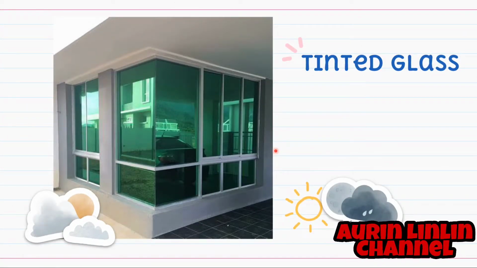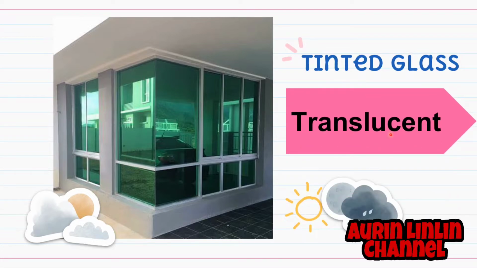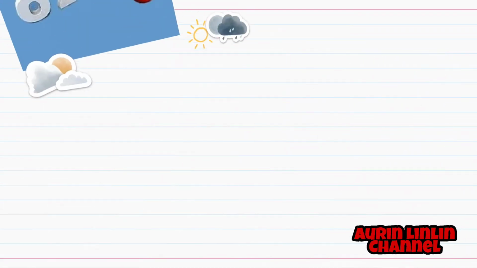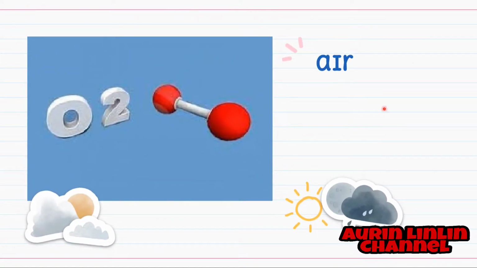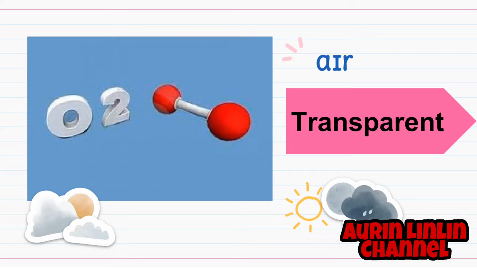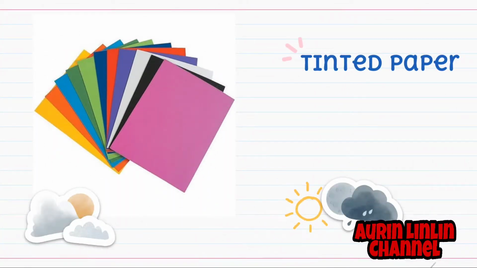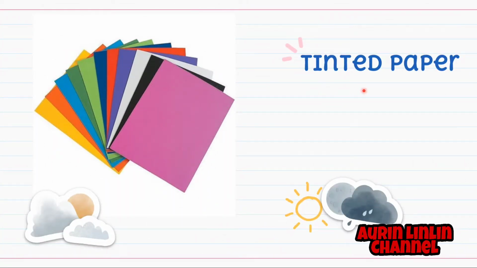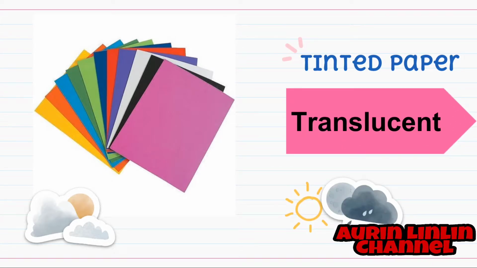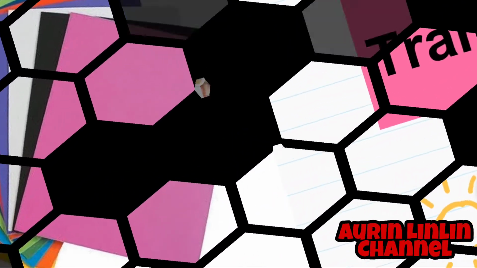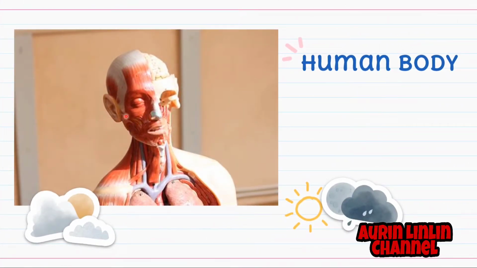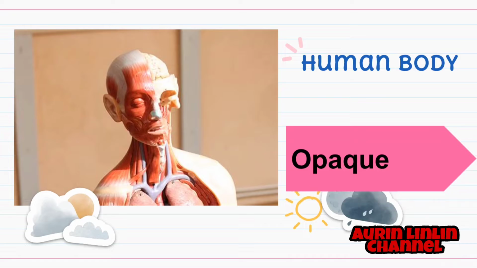Tinted glass is a translucent object. Air around us is transparent. Tinted paper is translucent. And the human body is opaque.